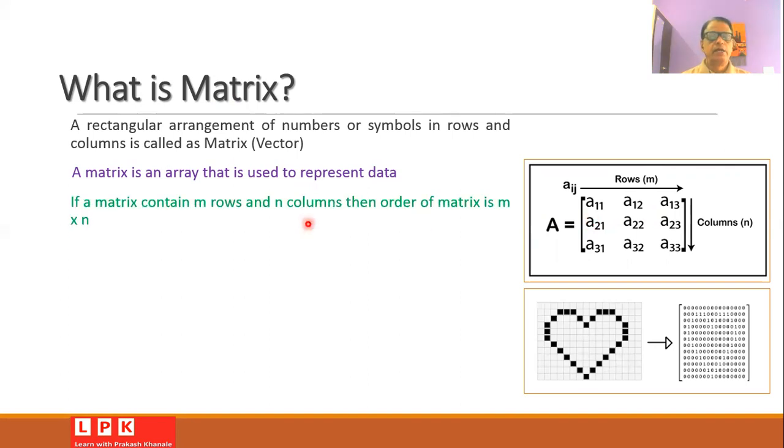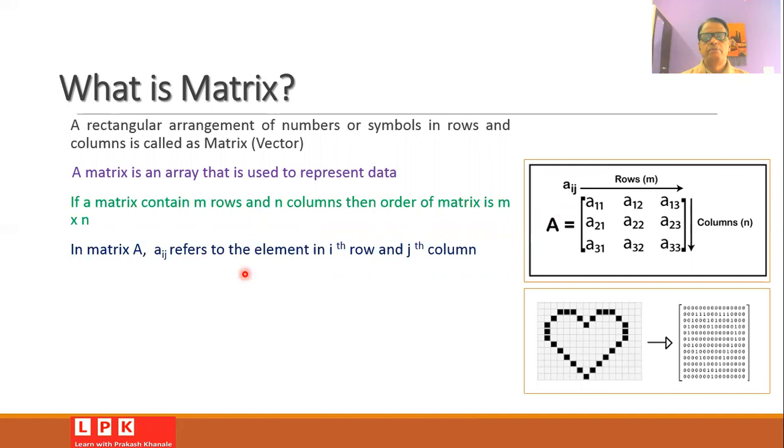A matrix may contain m rows and n columns, and if it does, then we say that the order of the matrix is m by n. As far as this matrix is concerned, the order of the matrix is 3 by 3.